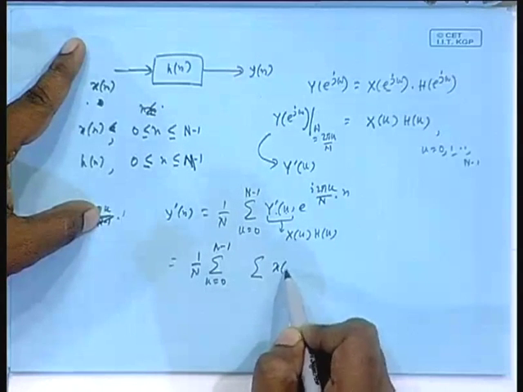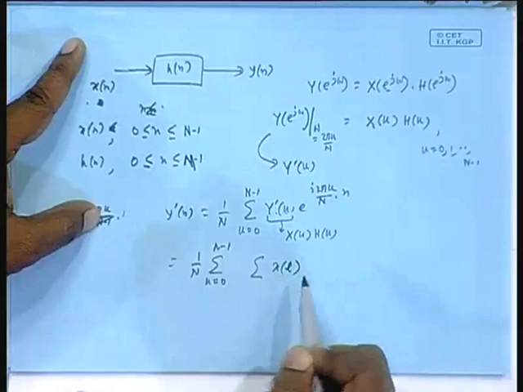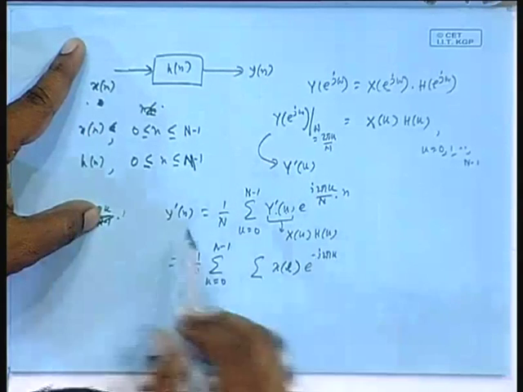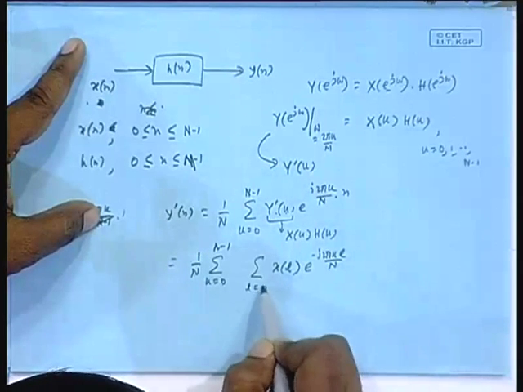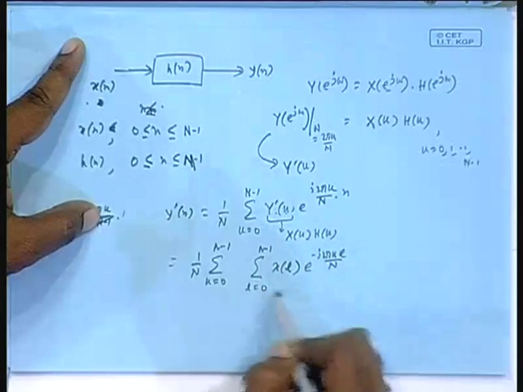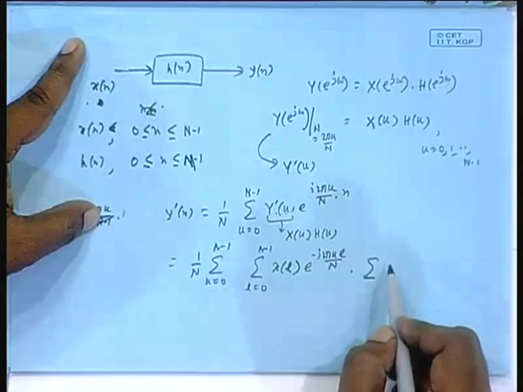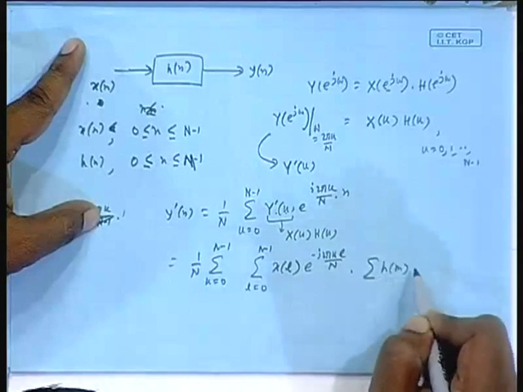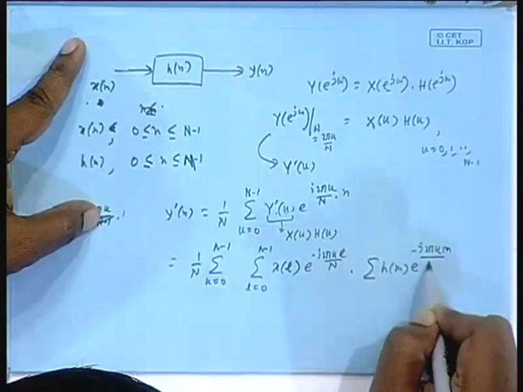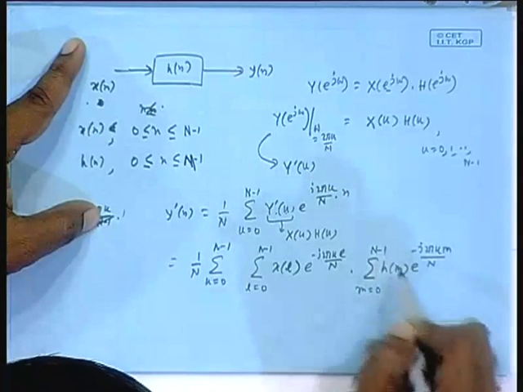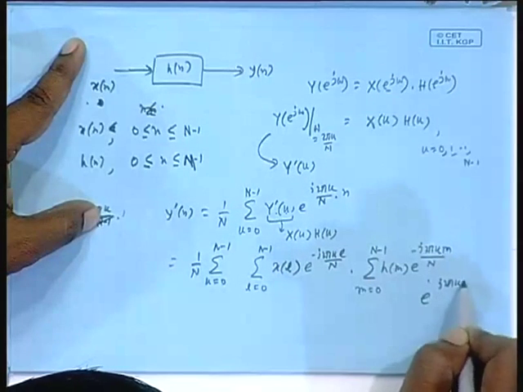This is x, do not use n here, n is fixed by your choice, so use x[l], e to the power minus j 2 pi k l by N, l from 0 to N minus 1, this is your X[k]. We are sampling the DTFT of x. Similarly here H[k], same thing, but use another index, h[m]. Okay. So X[k], H[k], and this other term e to the power j 2 pi k n by N.